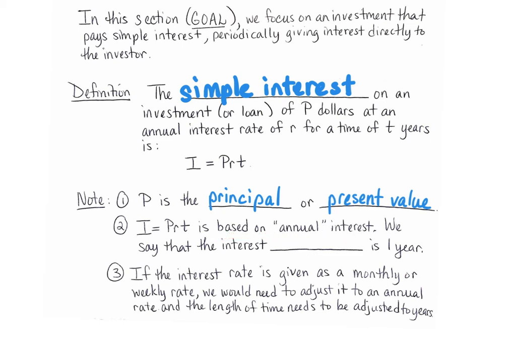And by annual, we say that the interest period is 1 year. If the interest rate is given as a monthly or weekly rate, then note that you're going to have to make adjustments to the annual rate to put it in the appropriate time. And note that you will also have to make adjustments to the length of time because that would have to be adjusted to years.